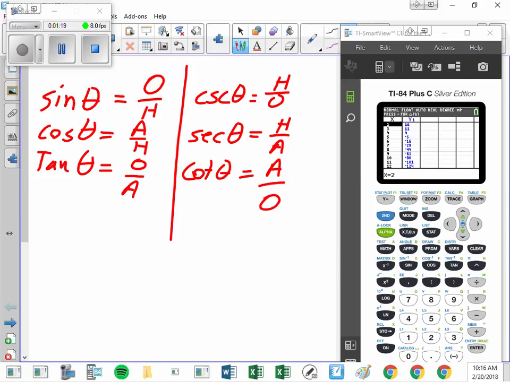So sine is attached to the one with a co, and the cosine is attached to the one without. Okay.